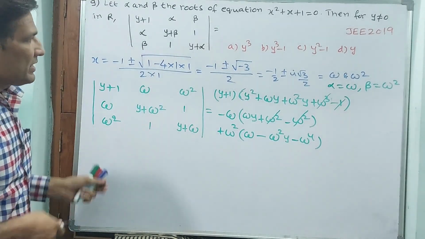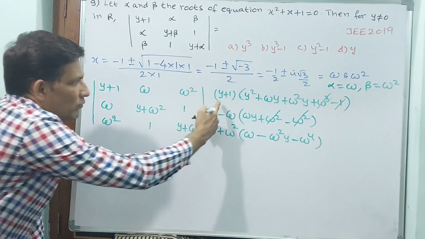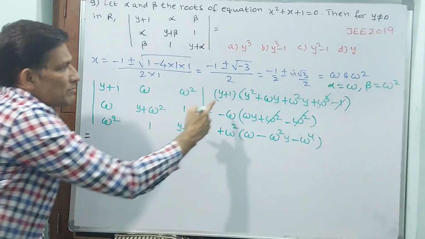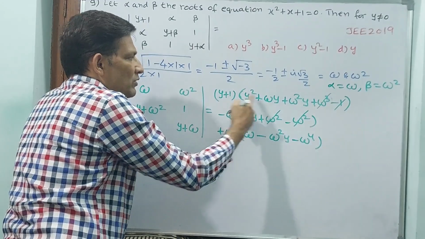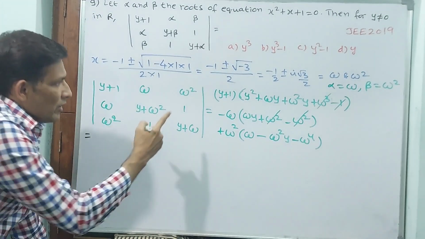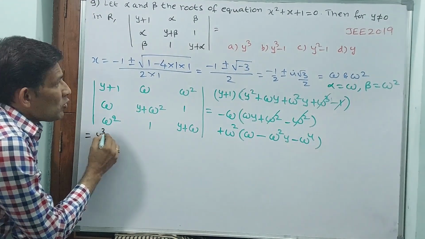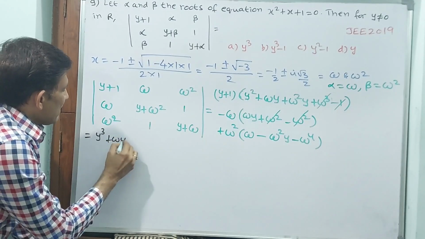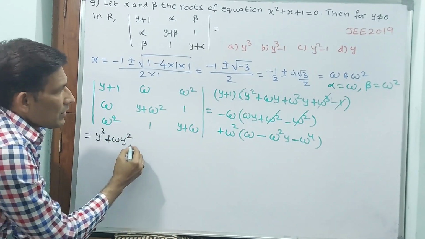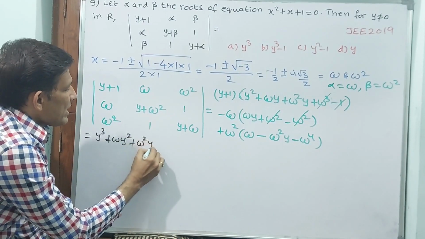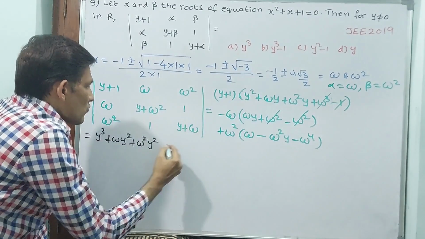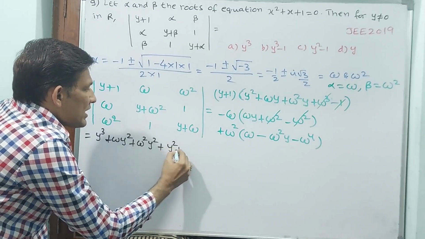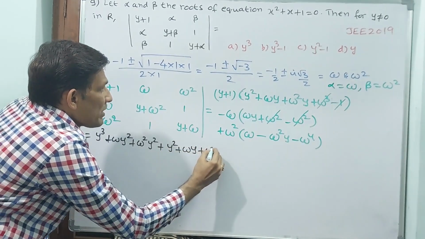Let me do it. Now you see that is equal to, see now inside cancellations are not there. With y, with 1, I am doing. With y, if you do, what will happen? y cube plus omega y square plus omega square y square. That's all. With 1 also you have to do: plus y square plus omega y plus omega square y.